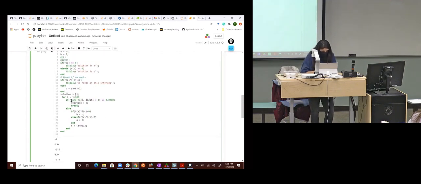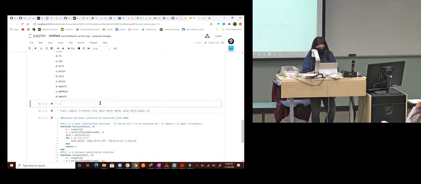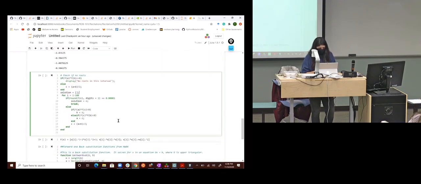We still need all these conditions, but I'm gonna copy from right here. It's the same thing. Paste here, check for the roots, then we update our c with the new rule.